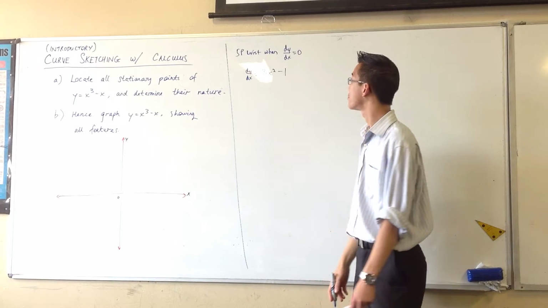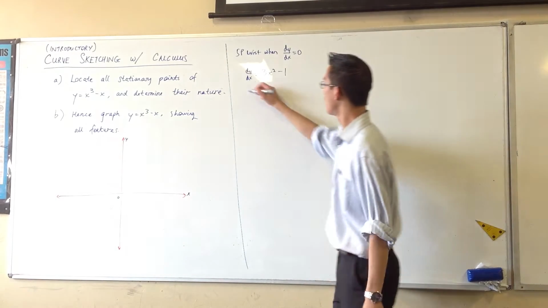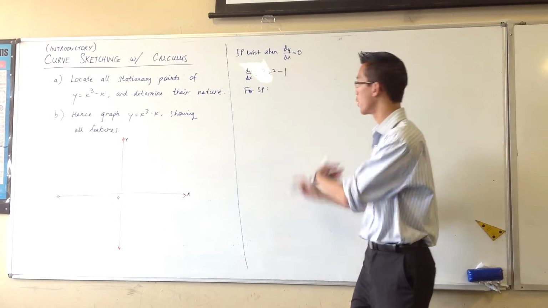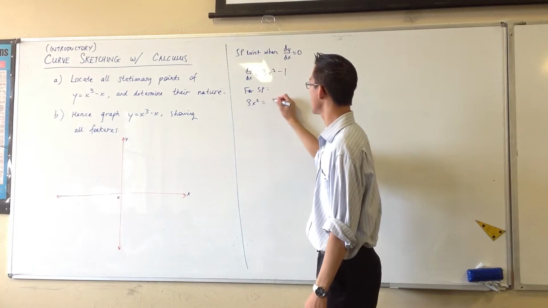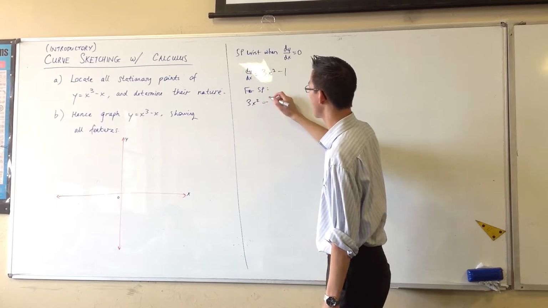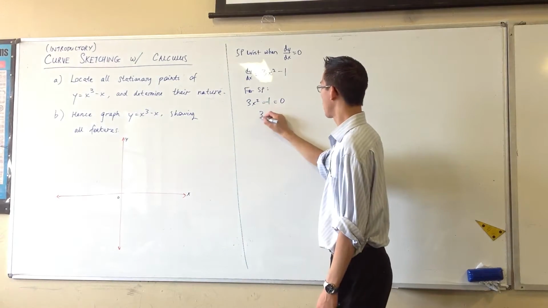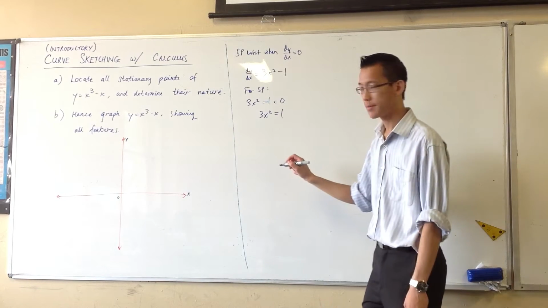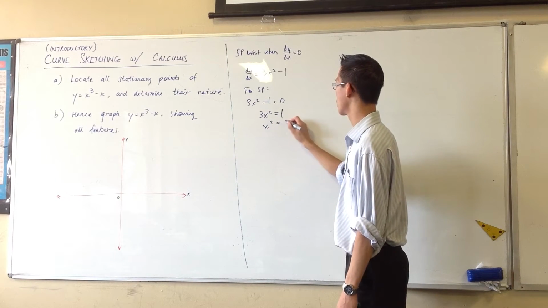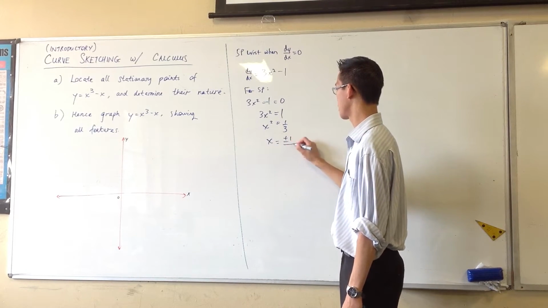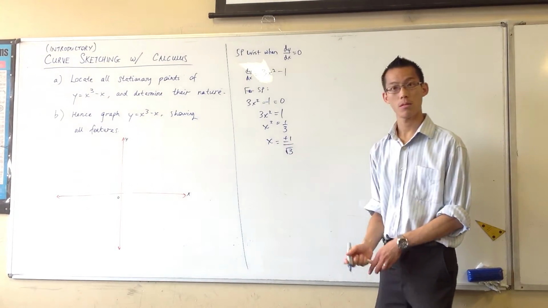Great. So, therefore, for stationary points, I'm going to say that's equal to 0, right? 3x squared minus 1 is equal to 0. So let's just solve it. 3x squared equals 1. x squared equals a third. So x is plus or minus 1 over root 3.